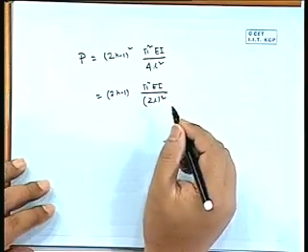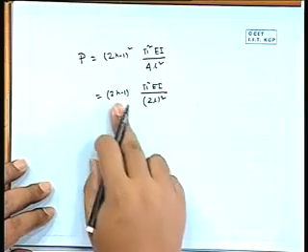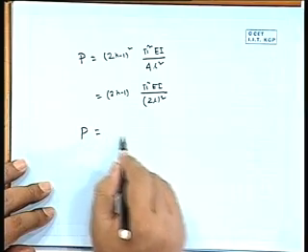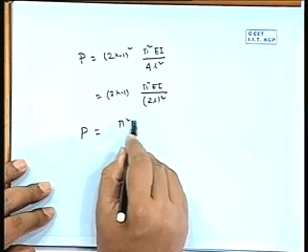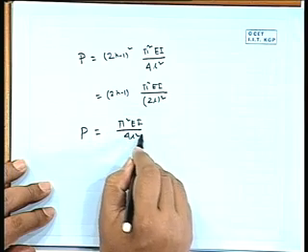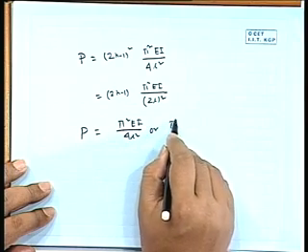Now if n is equal to 1, P will be pi square EI by 4L square.